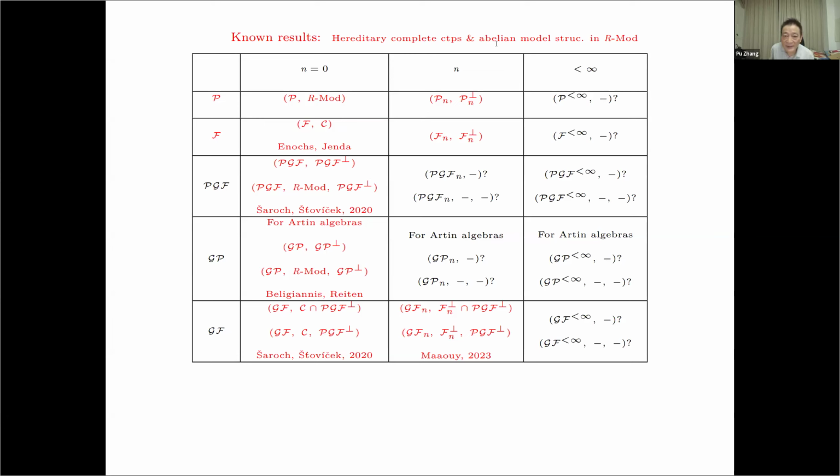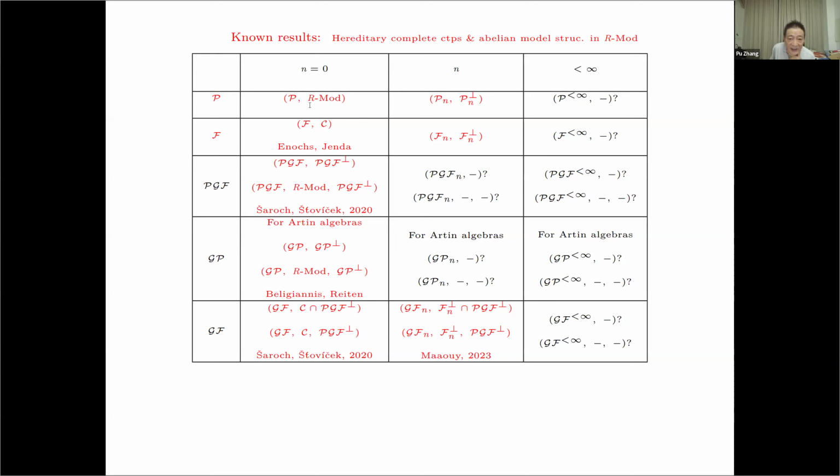But in an abelian category, in a model category, we call them Abelian model structures, the same thing. So all these things in red mean the known result.